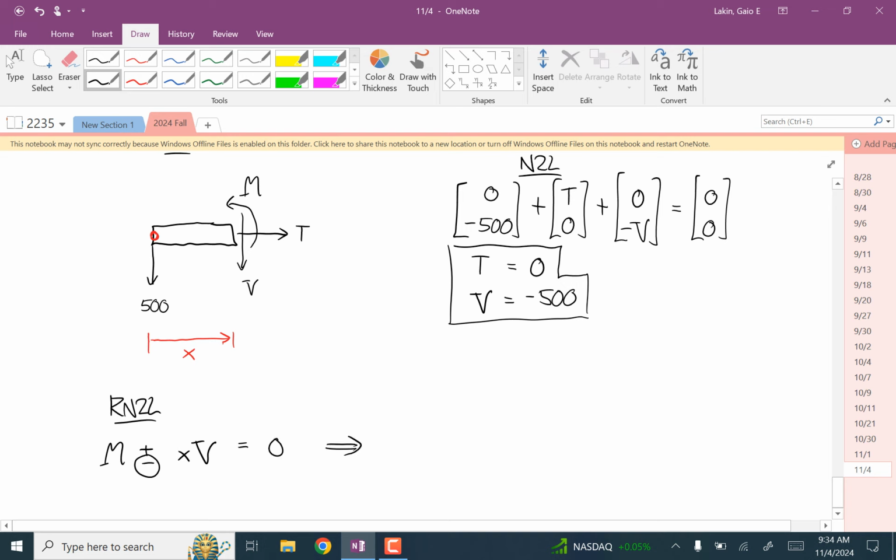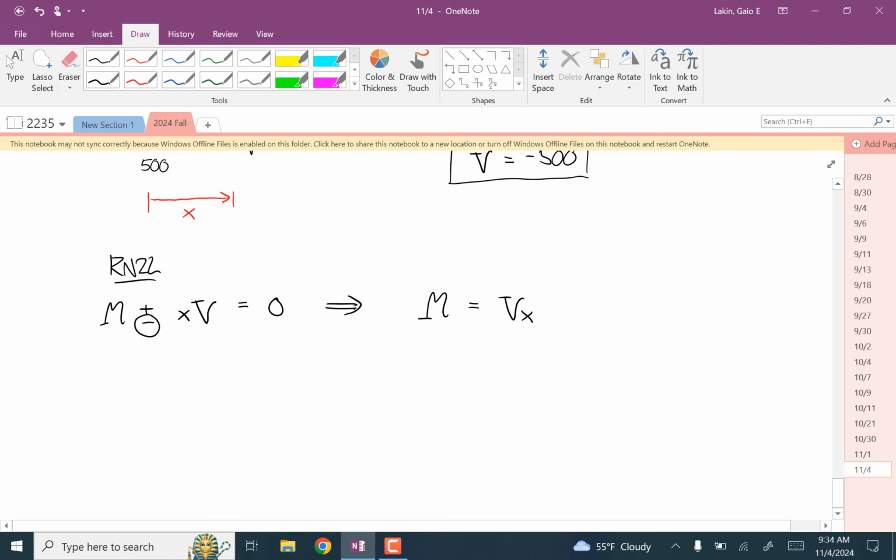And so this time our moment calculation says M is equal to V times whatever x you're interested in. That's our function of x. And we know what that V is. So M is equal to negative 500x.